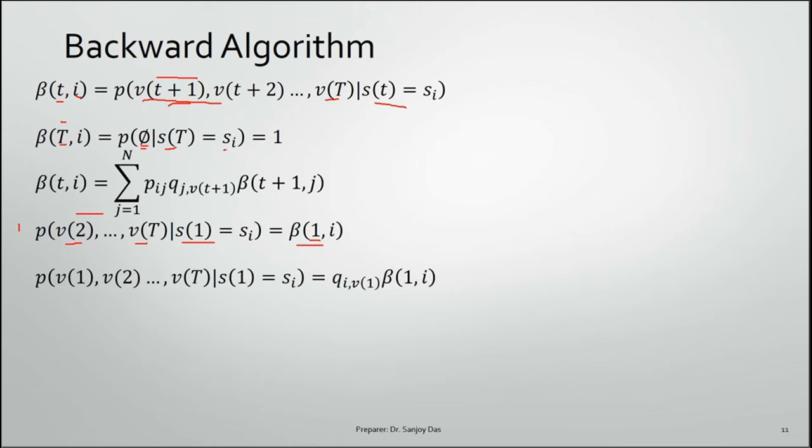Whence, the probability of V_1 through V_T given S_1 equals S_i is equal to beta_1(i) times the emission probability Q_i(V_1). So the difference is this: we account for V_1 by multiplying the emission probability.